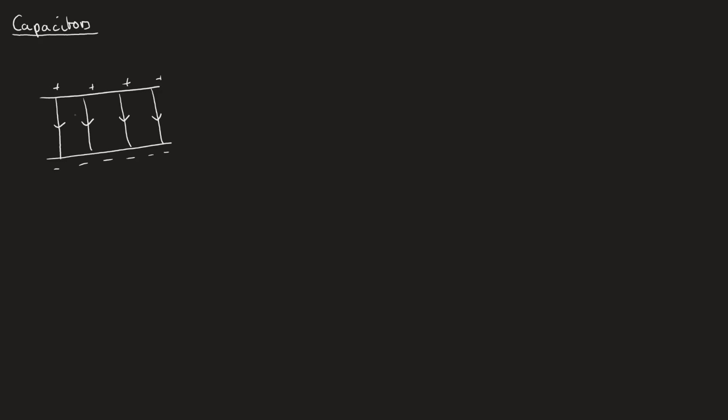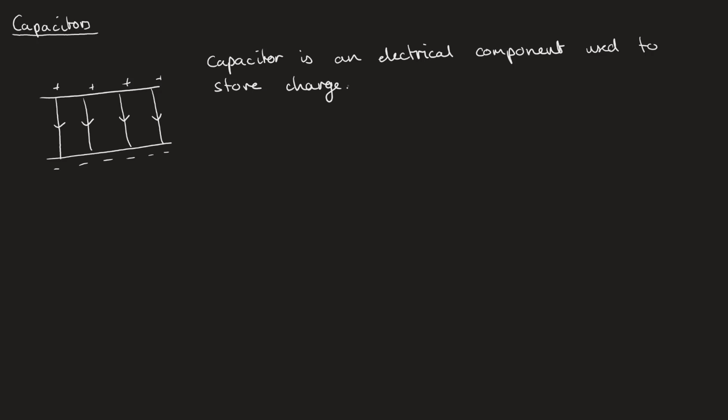Now, a capacitor is just another electrical component. So a capacitor is an electrical component, and its whole purpose is to store charge. So we want to put this in, and it's basically acting as almost like a portable battery, right?